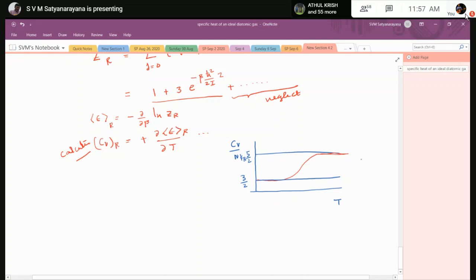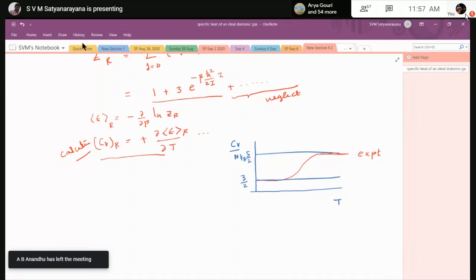This red one is experiment, and I am supposed to get theory also agreeing with this. Which theory? This theory.